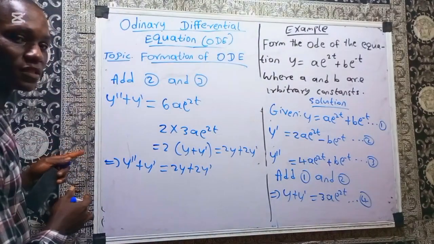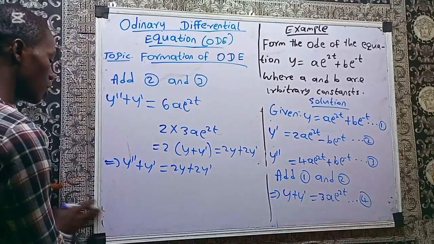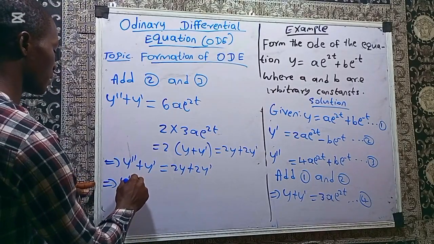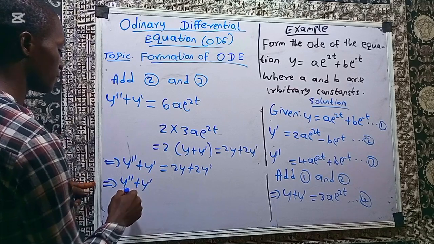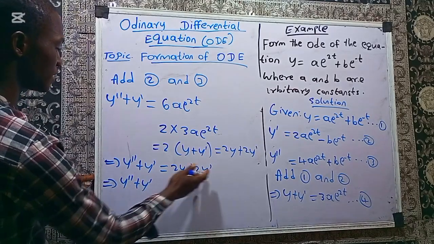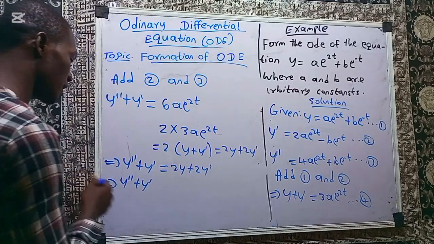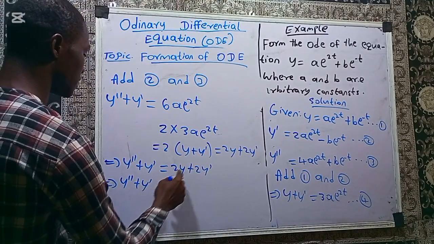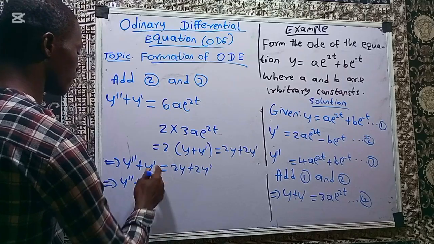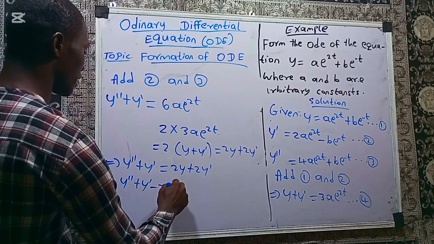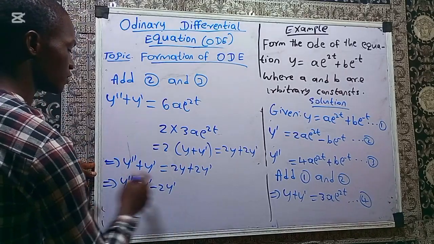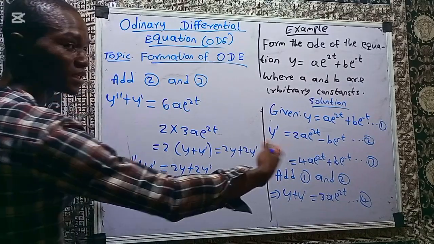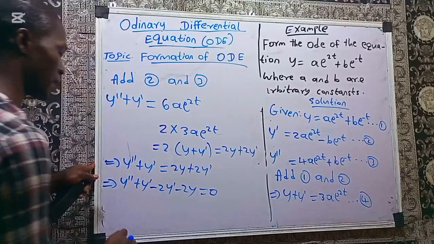So collect everything to your left hand side. This implies y prime prime plus y prime, right? Then if you move everything to your left hand side, you will now have, let's move this one first, negative 2y prime. If you move this one to the left, you change the sign, negative 2y, then nothing is remaining at the right hand side, 0, right?